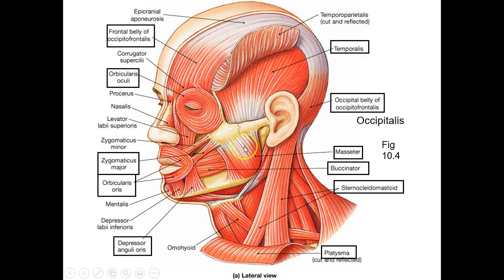There's your masseter. You can really see it. You know, it's originating up here off the zygomatic arch, and it's inserting down here on the mandible, on this lower region of the mandible right here. And if you look, it's pretty much the same width all the way down.